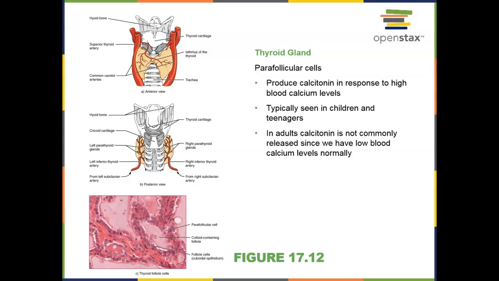Calcium is not easy to be easily absorbed, that's what I should say. So we need calcitriol. Calcitriol is a hormone that starts production in the skin, so that's when our skin actually functions in endocrine activity as well. And so because of this, we don't see calcitonin being released very often in adults.